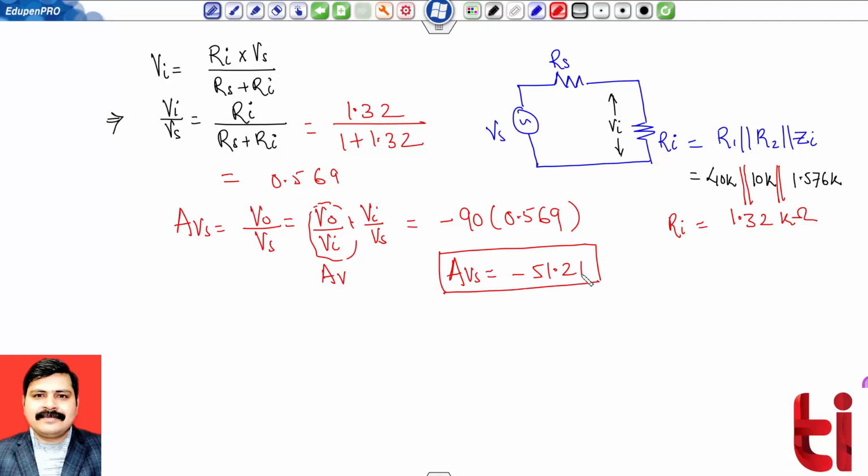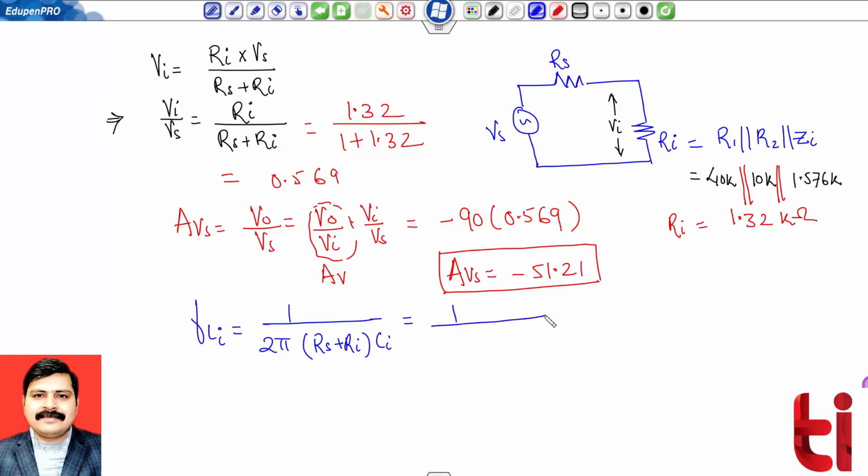Now let us calculate all the frequency terms. So let's begin with FLI, due to the input side: 1 upon 2 pi, RS plus Ri times Ci.